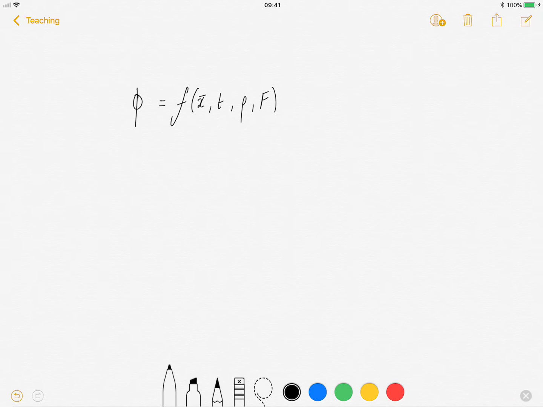So a mathematical model can be broadly defined as some formulation or equation in mathematical terms that expresses essential features of the physical system.